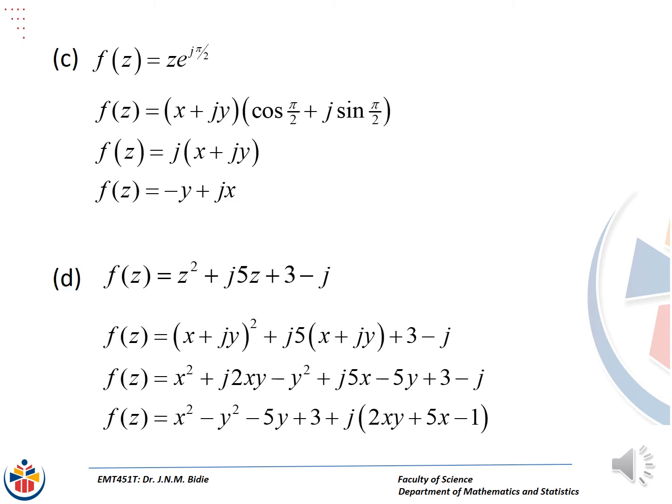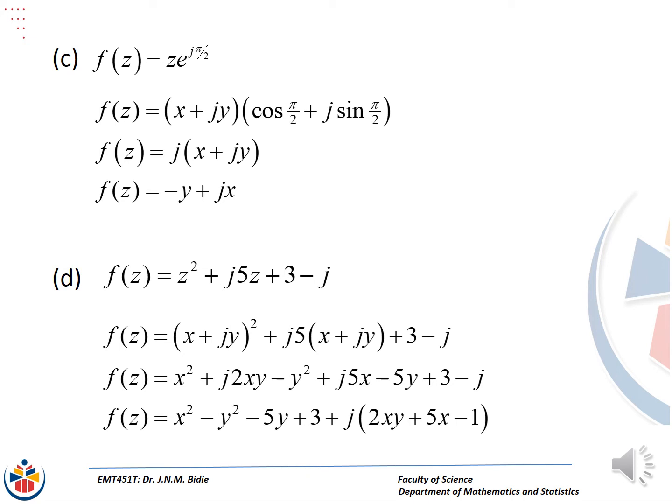C, we've got z times e to the power j pi over 2. Substitute in place of z, x plus jy, and then in place of e to the power j pi over 2, we use Euler's formula. So it's cos pi over 2 plus j sine pi over 2.